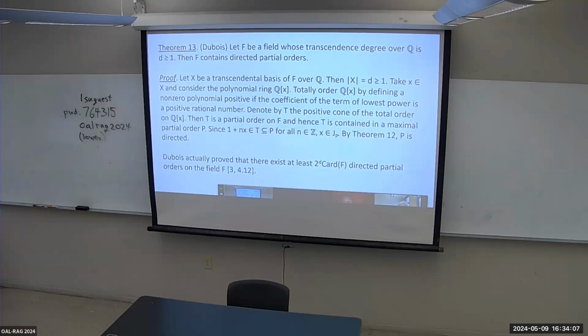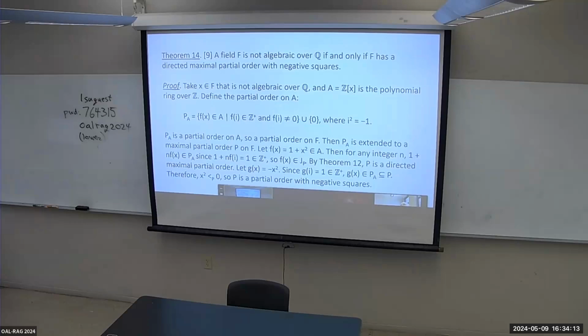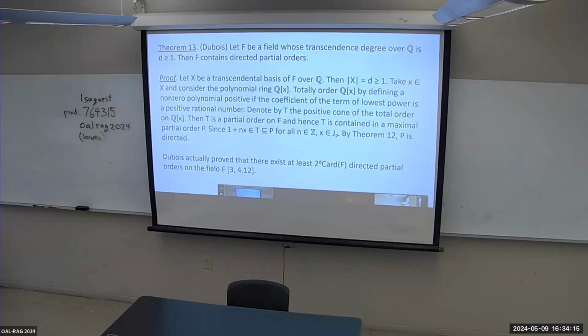I can double check. The transcendence degree, oh yes, good point. It could be infinite, certainly. So that's saying the cardinality of F, multiplying two infinite cardinal numbers. Right, yes.